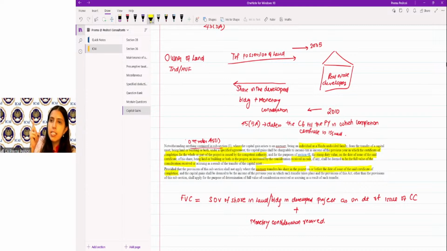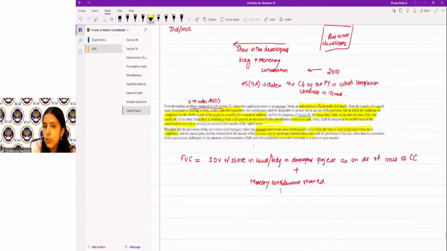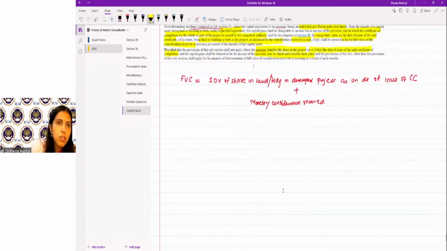So where the assessee is transferring the share before the completion certificate is issued, then the capital gain will be deemed to be the income of the previous year in which the transfer takes place. And then 45(5) will not apply, the normal provisions of the Act will apply, meaning your full value of consideration will not be the stamp duty value of share in land or building as on the date of completion certificate.